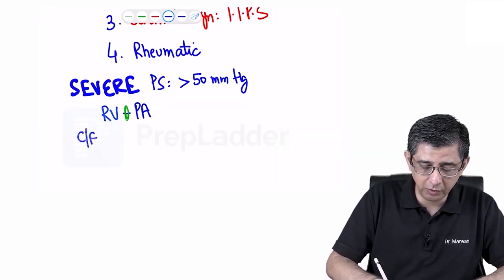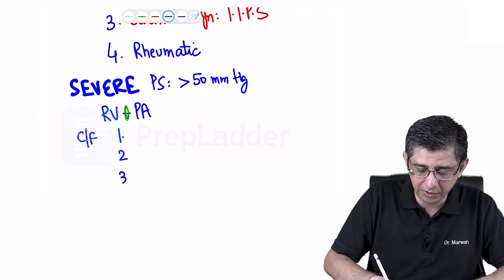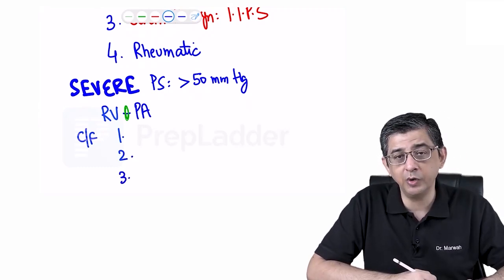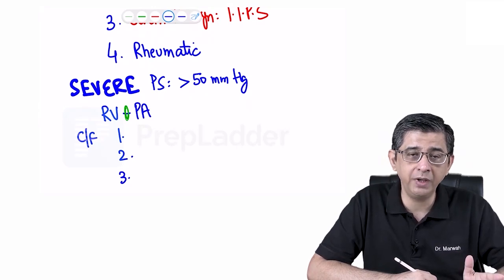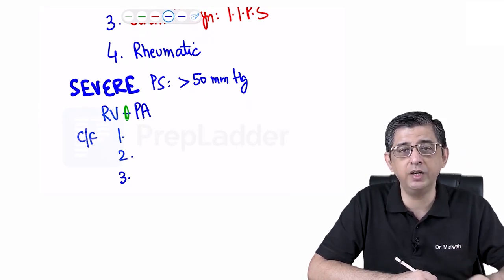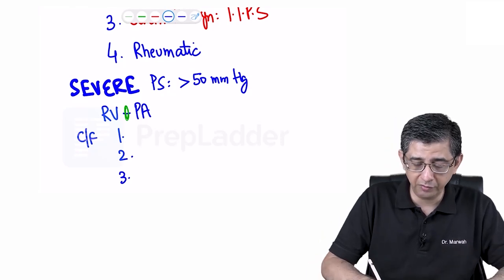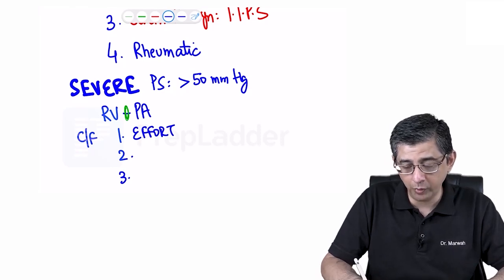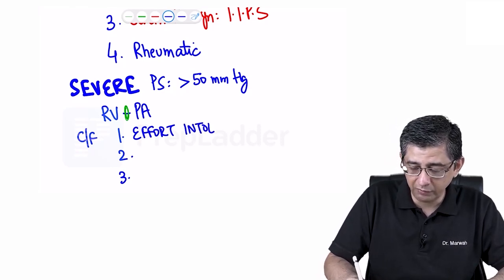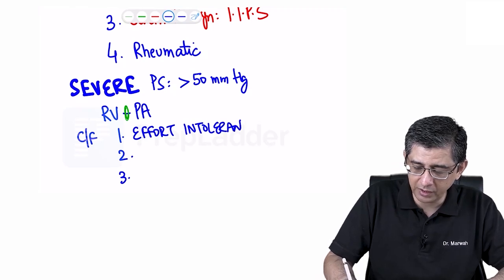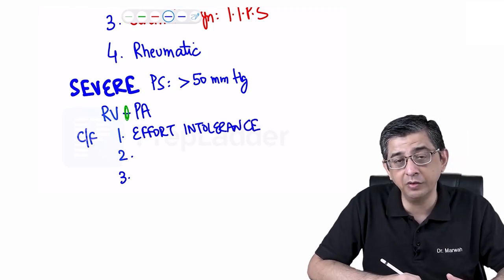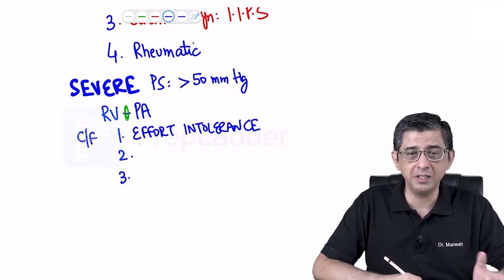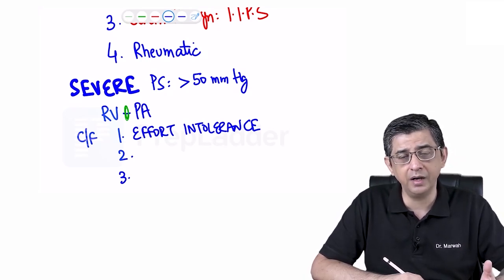So let's enumerate some of the common features seen in these patients. The first feature is that because the right side of the heart will not be able to effectively send blood to the left side, effort intolerance will come in. After all, if input is lesser, output will also be lesser. When you read effort intolerance, you obviously start thinking of a problem on the left side of the heart, but it stems from the fact that left and right are in sync.